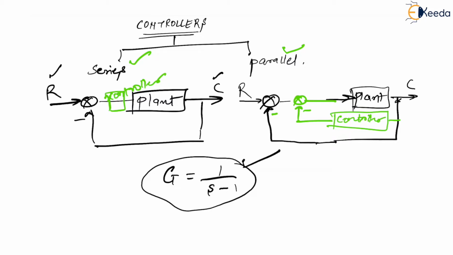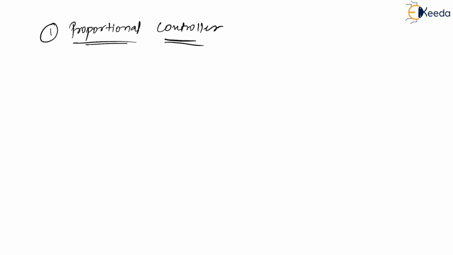The first type of controller is the proportional controller. Let us talk about that. The proportional controller is given by Kp. Remember, this is not the same as the error constant Kp.